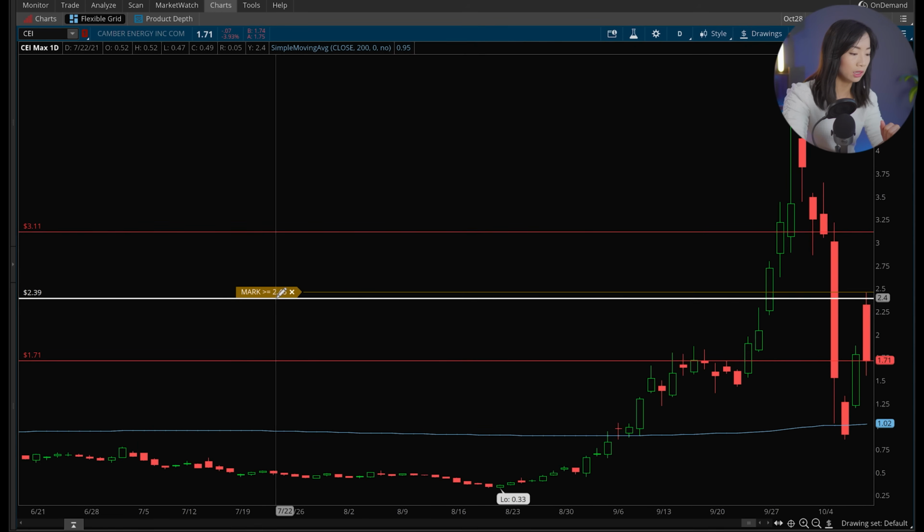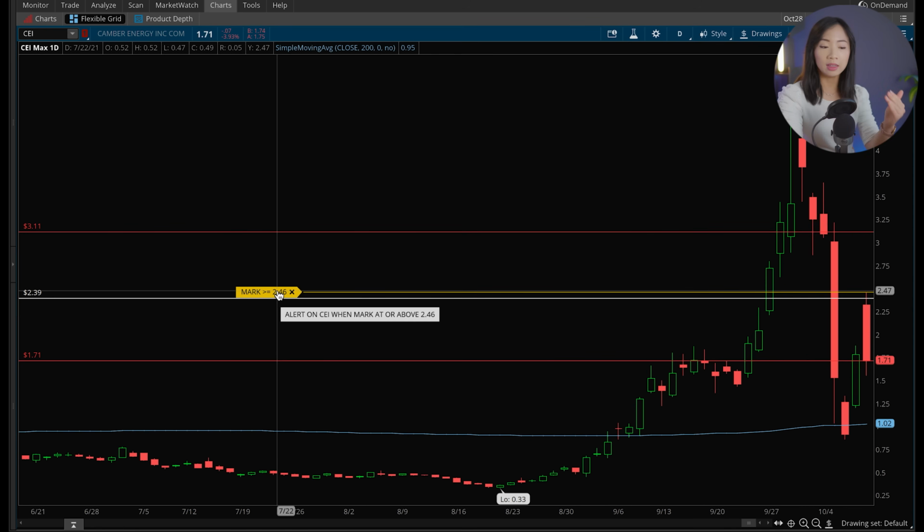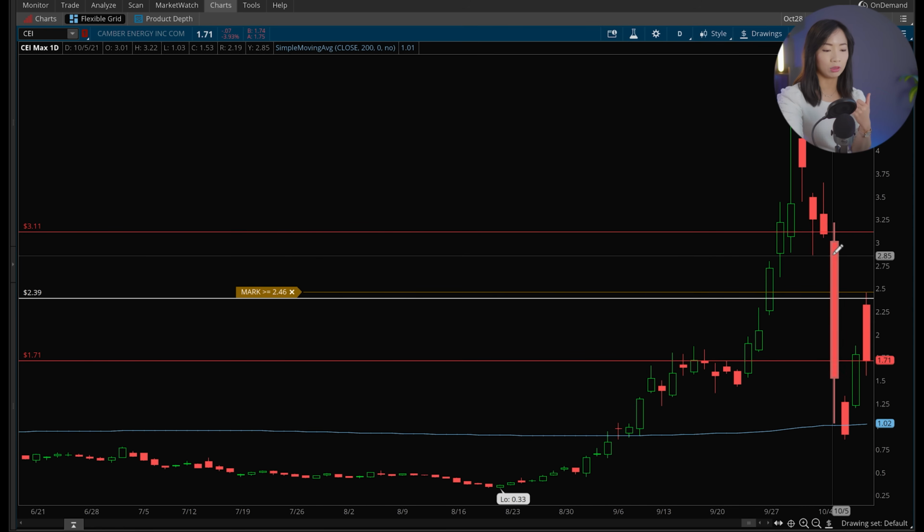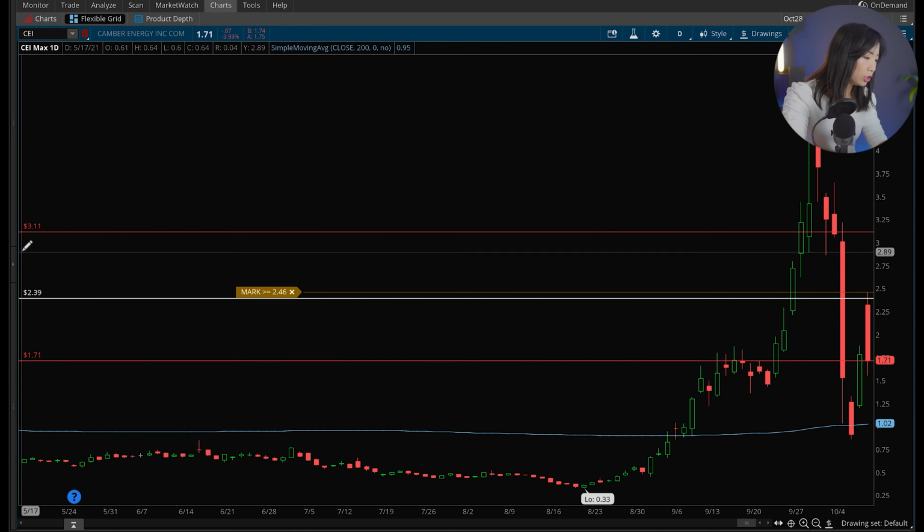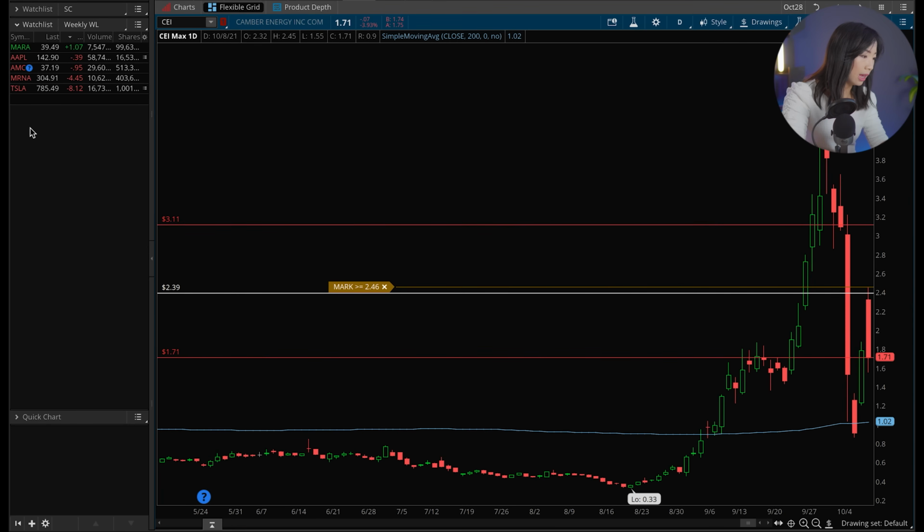It's only if a stock can break out successfully above a prior recent resistance, which in this case will be 246, then this thing would have upside to potentially go to $3 or $3.70 and $4 and above. So until that happens, I'm going to leave CEI alone. So what we can do here is go to the left side and put that on our watch list. I'm going to put CEI here.